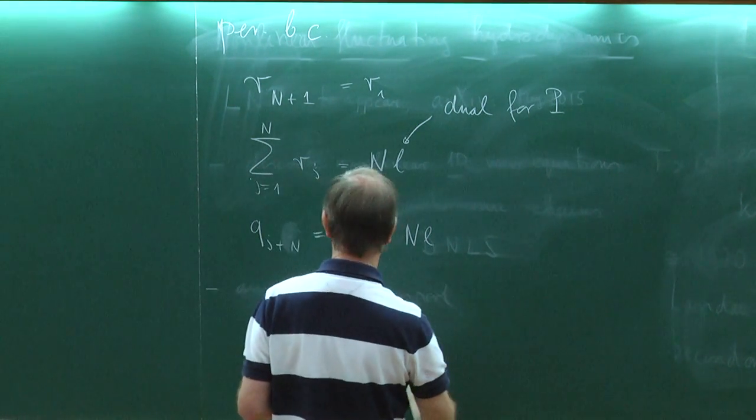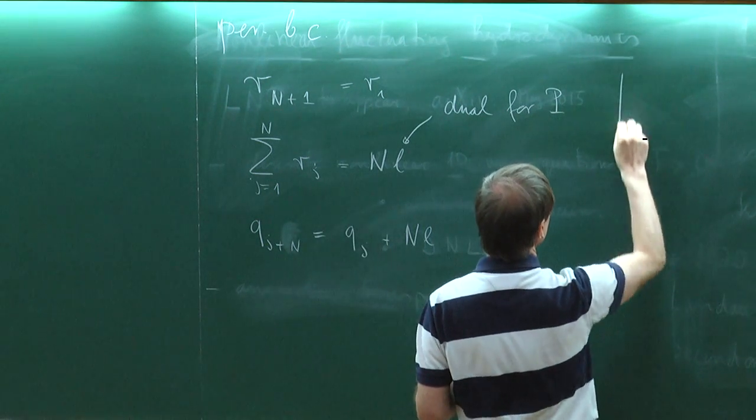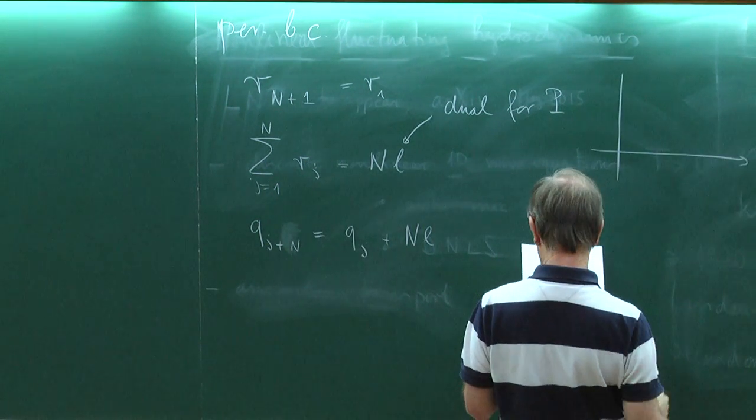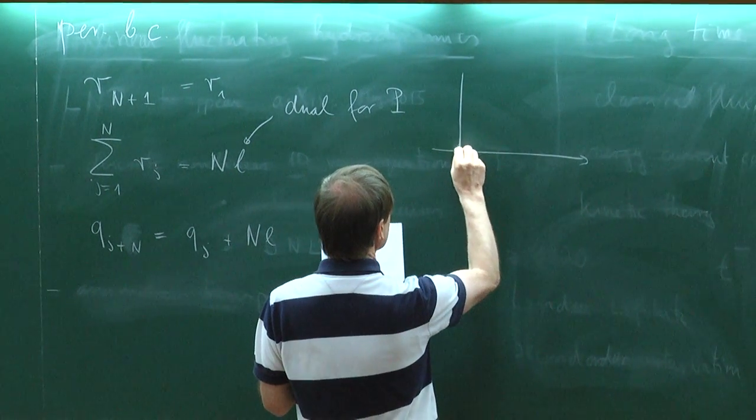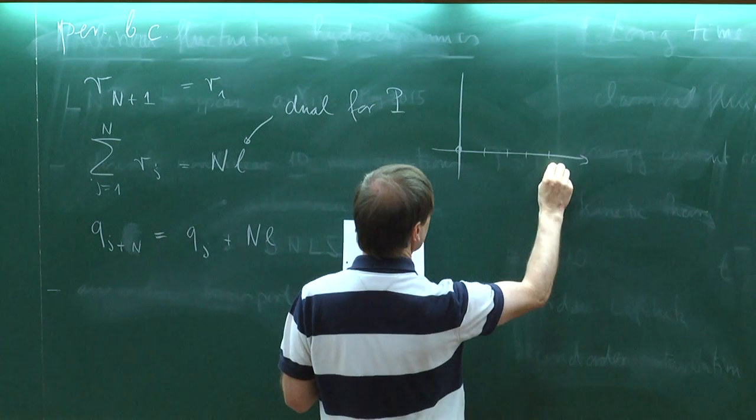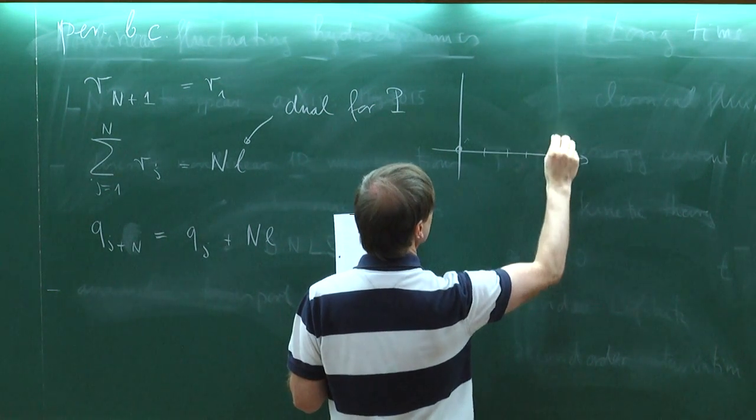If you want to think of this pictorially, here you have positions 1, 2, etc., up to n, and I'm imposing a slope in terms of the Qs.